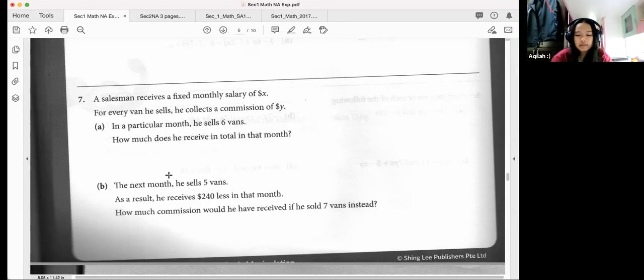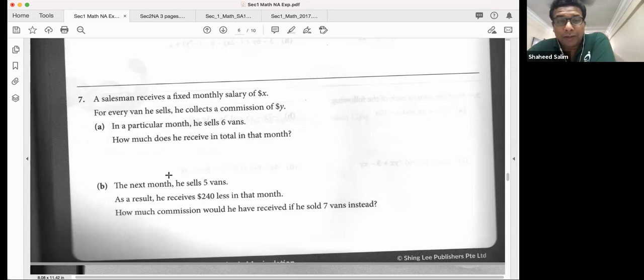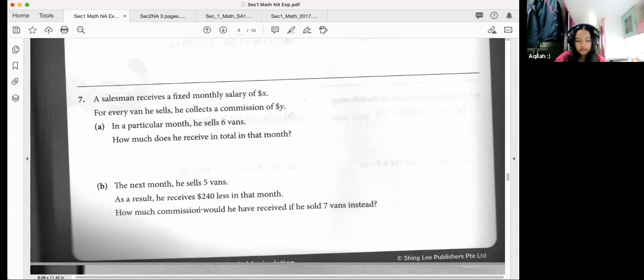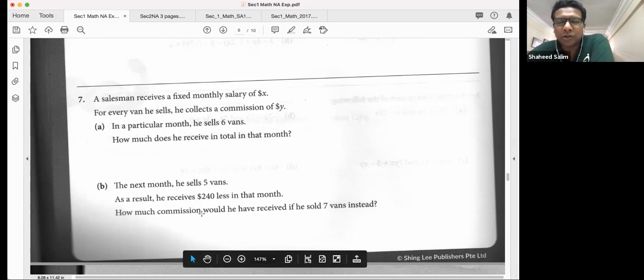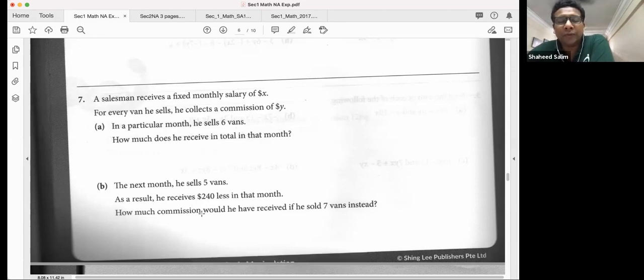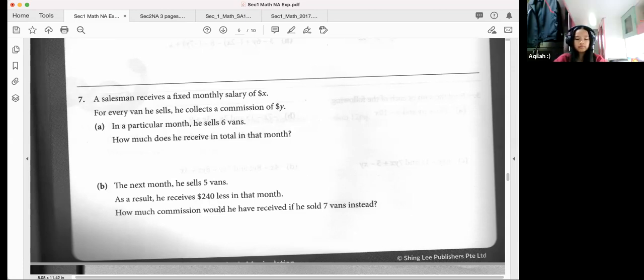For B, is it like numbers or algebra? For B, you'll be numbers. Oh, you know, 1,680. Well done. So what's the commission for selling one van? 240. Yes, 240. Okay, good, good.